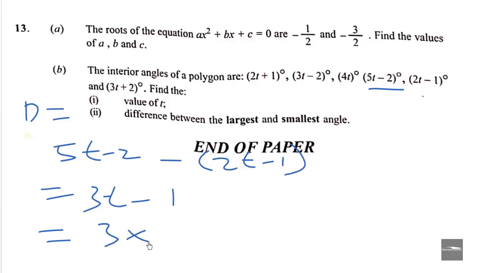So 3 times 38 minus 1. So the whole thing will give us 113 degrees, 113 degrees.